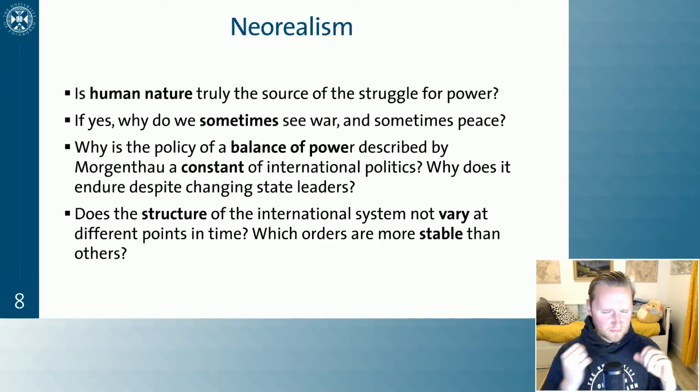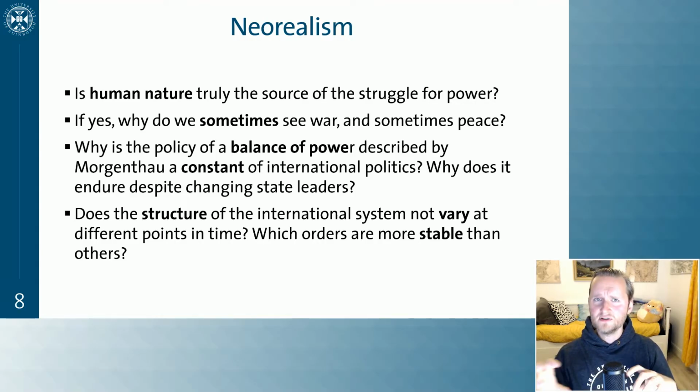And why is the balance of power seemingly always a fact of life, even though the leaders change? Should we not see at least some changes here, depending on who's leading the state? So in other words, isn't the system different at different points in time?